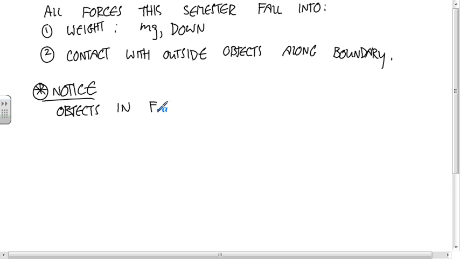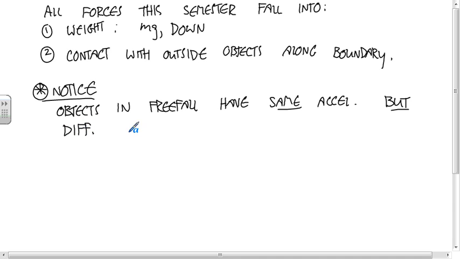Objects in free fall have the same acceleration, but different forces are applied by gravity, different weight forces.